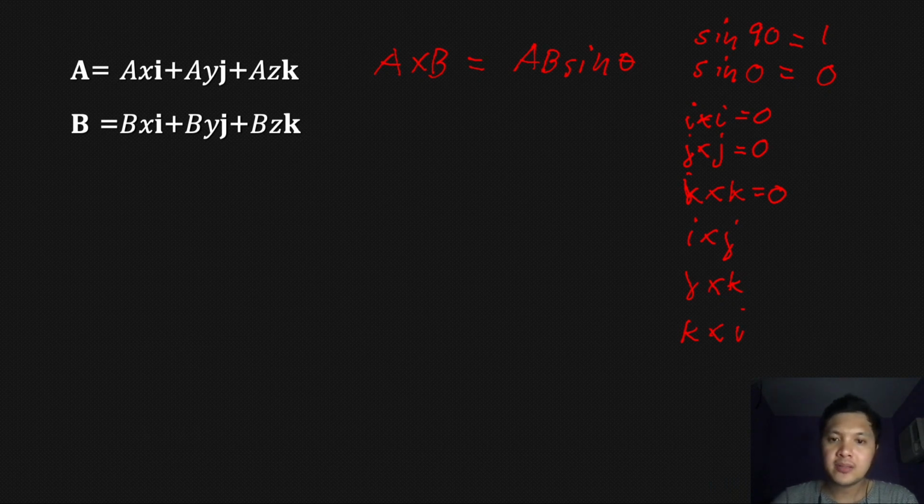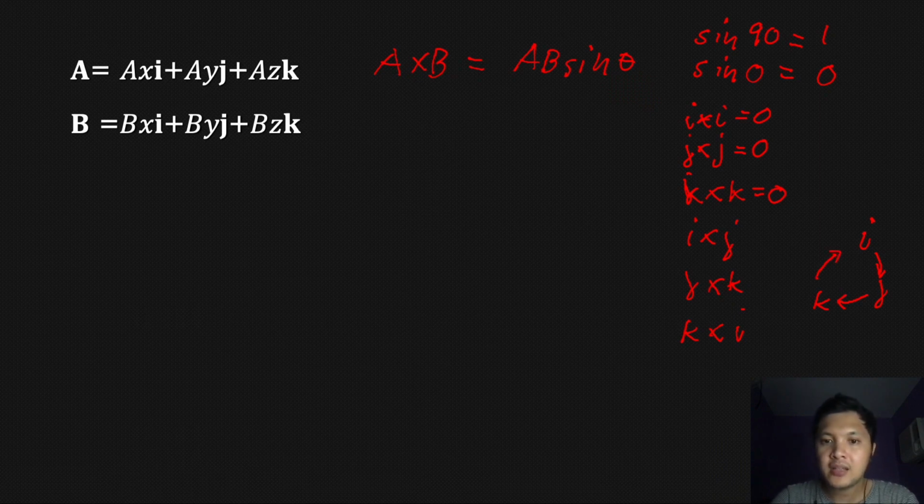So remember this rule. If we have I, J, and K, the sequence should always be like this: IJ, then JK, then KI.